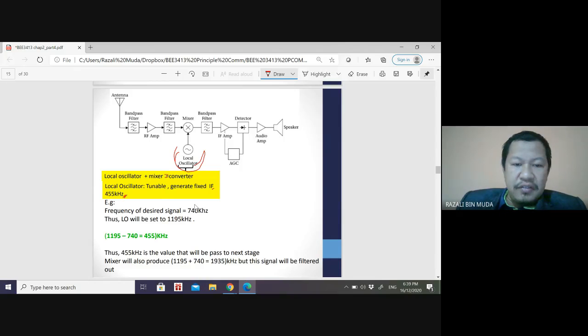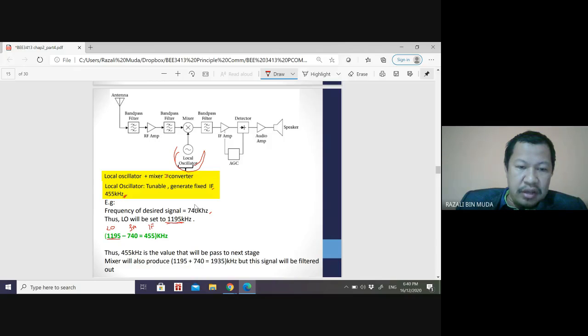For example, if the frequency of the desired signal is 740 kHz, the local oscillator will be set at 1195 kHz. Where does this number come from?